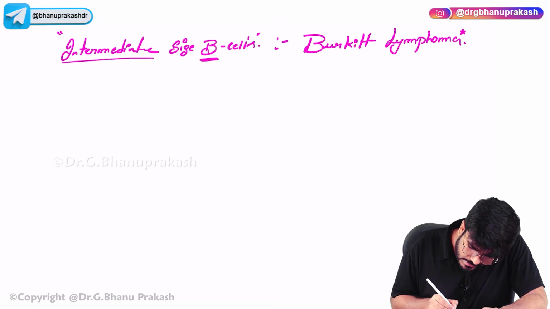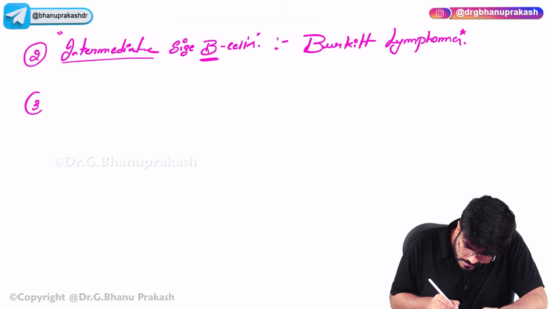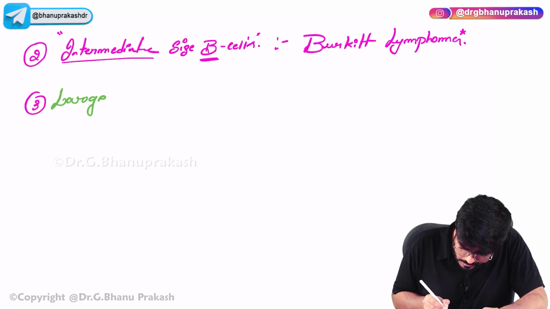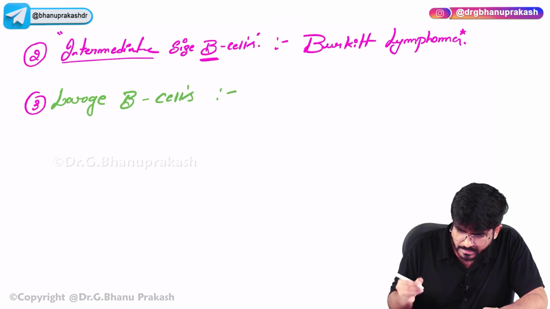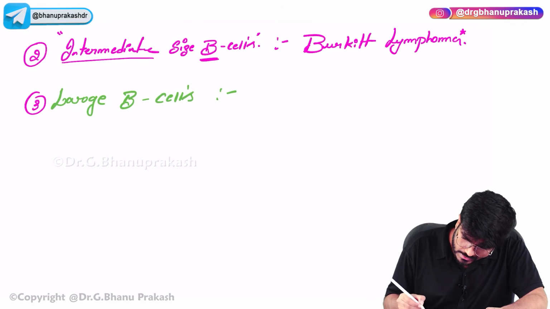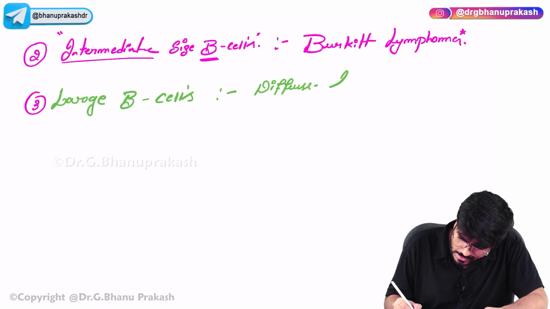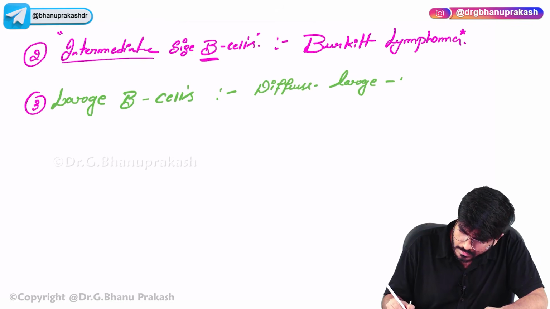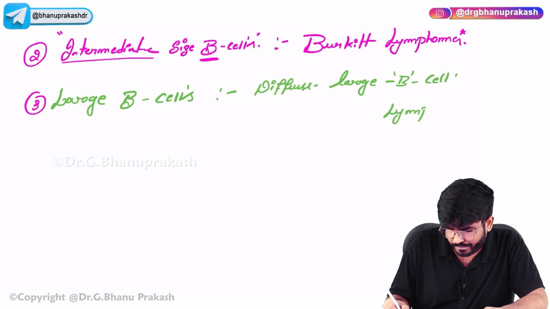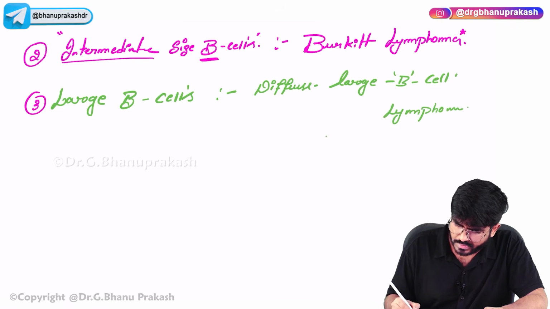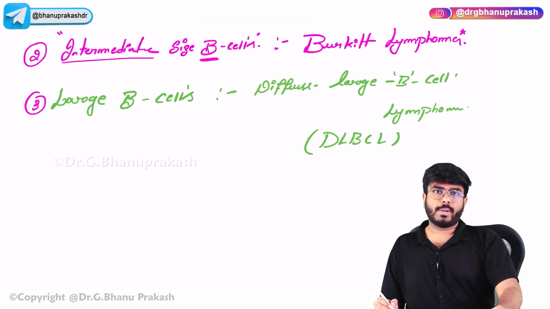The last one is large B cells, the lymphoma where the size of the B cells is very large. An example is diffuse large B cell lymphoma, which is DLBCL.